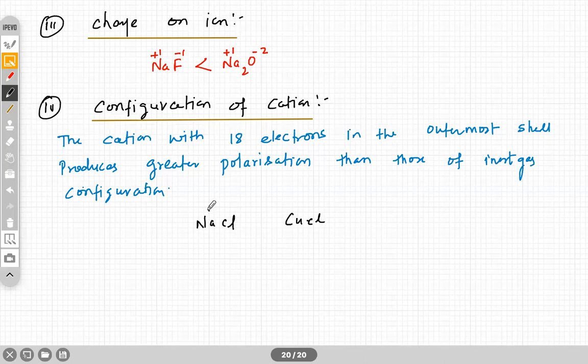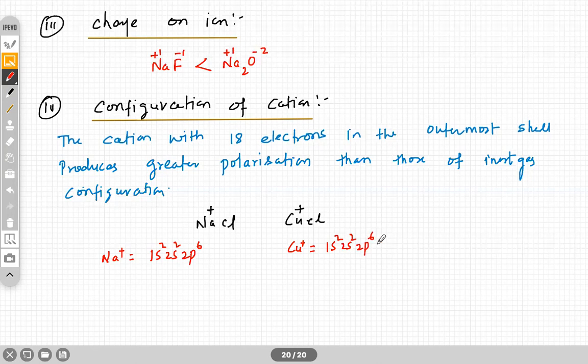okay, so obviously the charge on Na is plus and Cu is plus. If you look at the electronic configuration of Na plus, it is 1s2, 2s2, 2p6. For Cu plus, it is 1s2, 2s2, 2p6, 3s2, 3p6, 4s0 and 3d10.